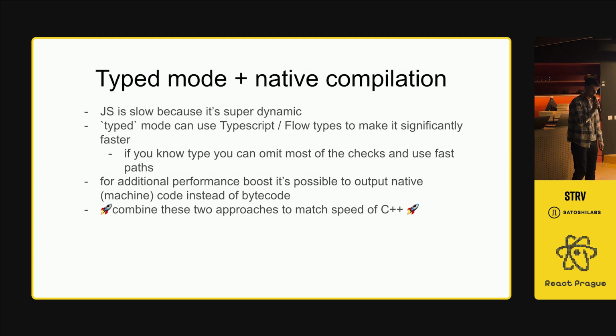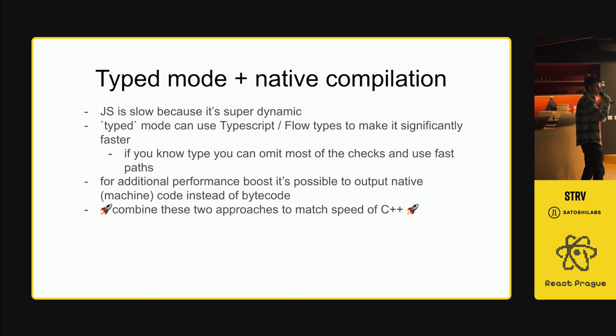Another quite exciting thing is type mode and native compilation. As I said, JavaScript is slow because it's super dynamic, and it has to run a significantly higher number of instructions, because it needs to do all the checks. And in the end, machine instructions are what matter and what make it fast or slow.